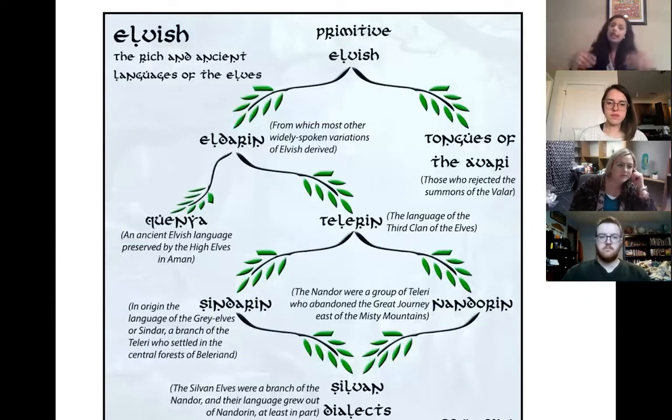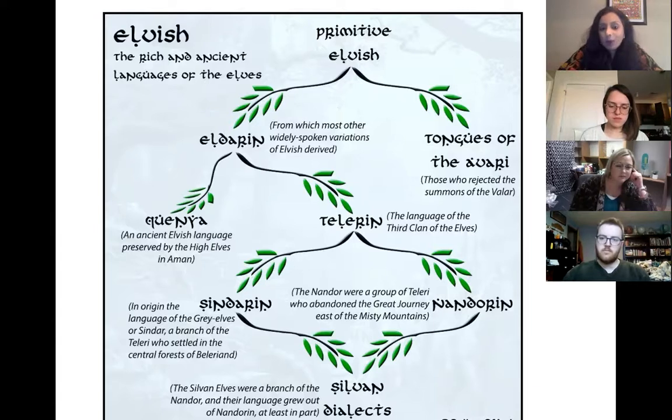So Elvish language is quite complicated because there are different, I don't want to use the word tribes, but I don't think they use the word tribes, but different sections of elves in the book, as well as in the movie. So you have primitive Elvish, which has two different branches, Eldarin and tongues of the Avari.